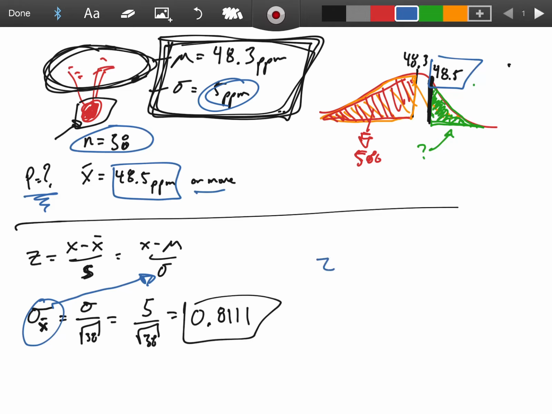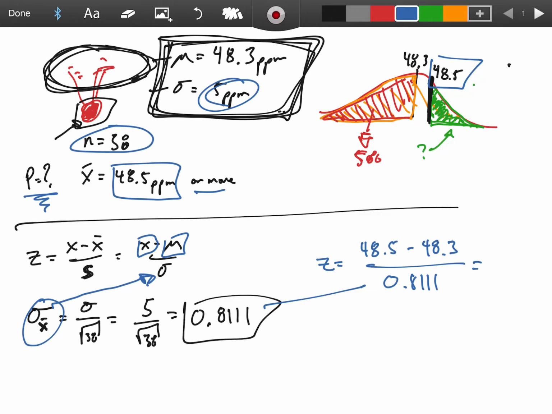So to do that, z is going to equal 48.5 minus 48.3, right? Our number from our distribution minus the mean, then divided by the standard error, 0.8111.